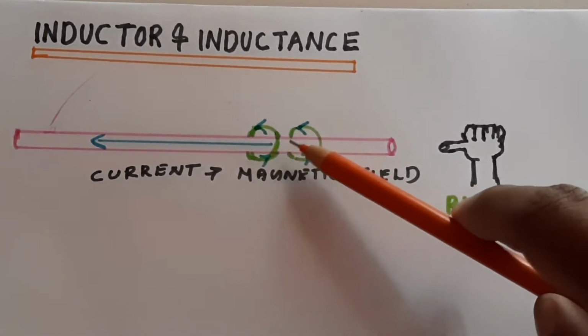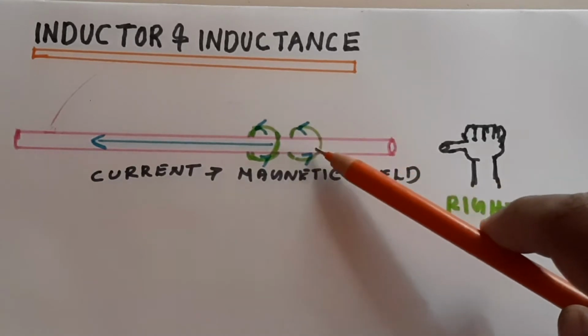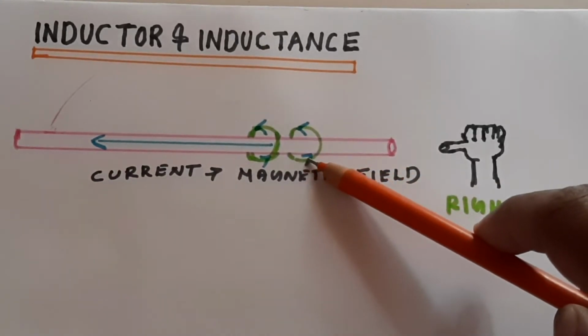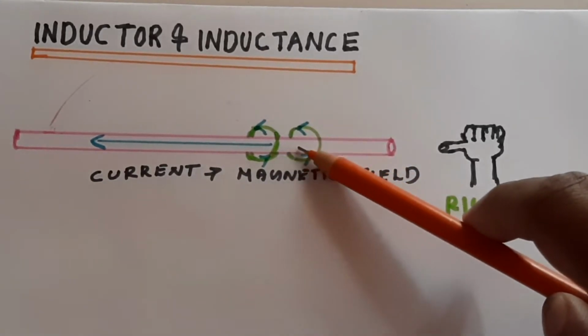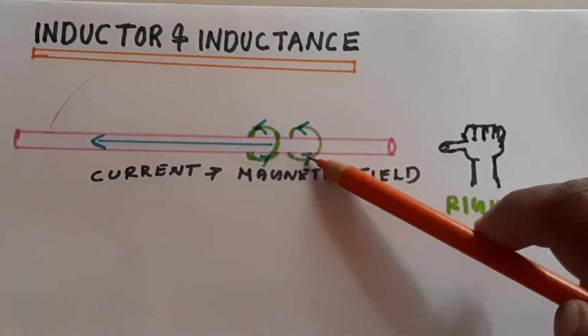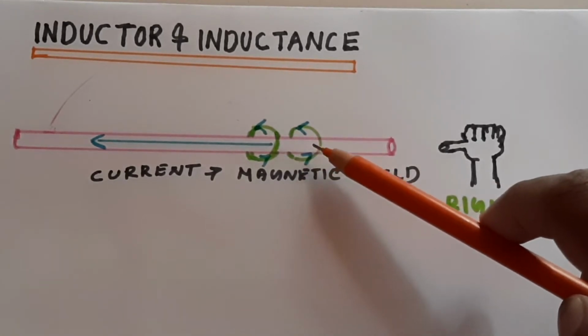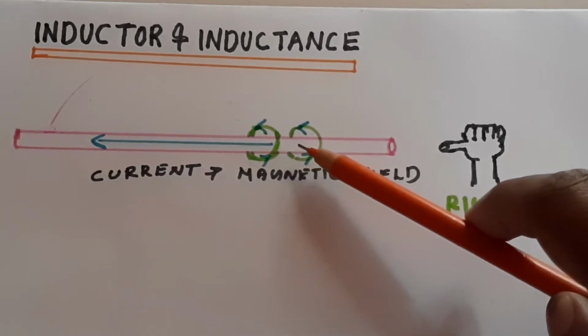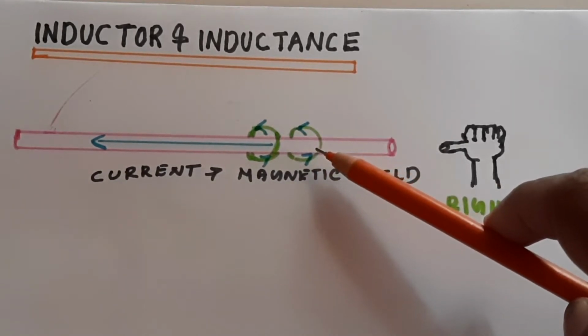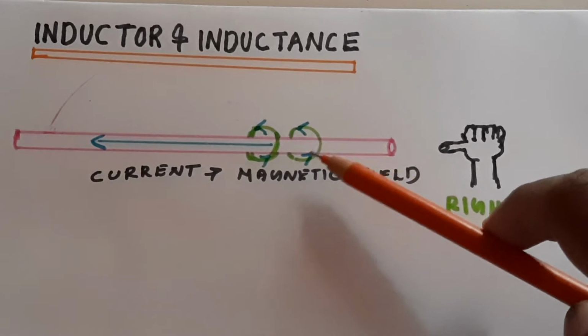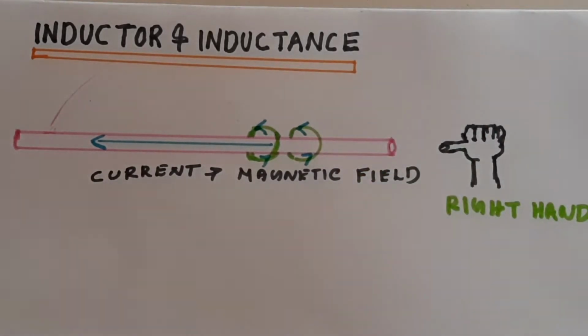If 1 ampere is changed to 1.5 ampere, then it uses this magnetic flux to oppose the current. This property of opposing the current through a conductor by the magnetic flux is called inductance.